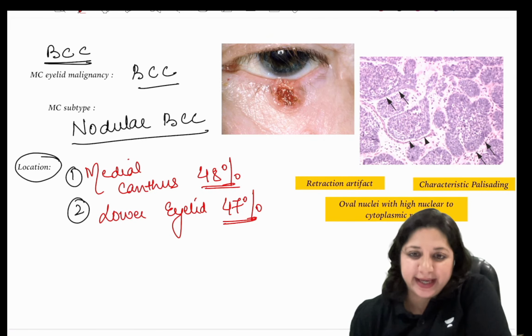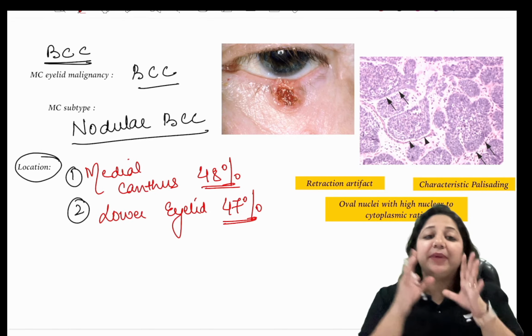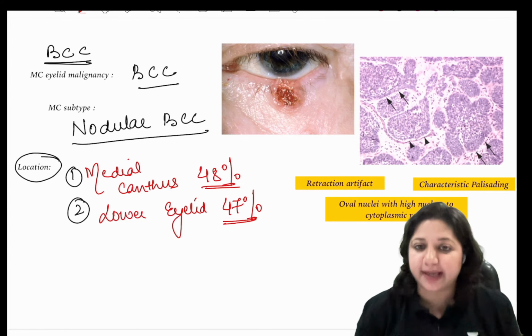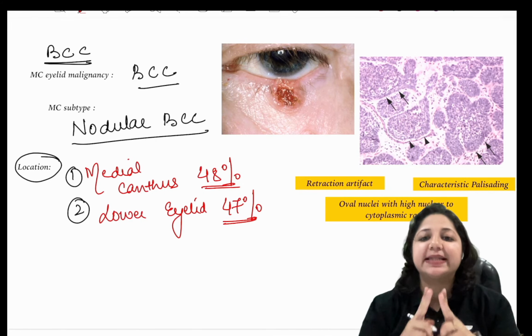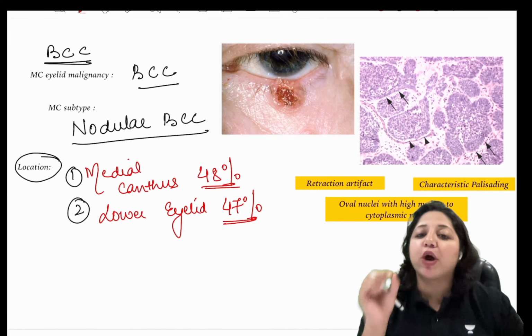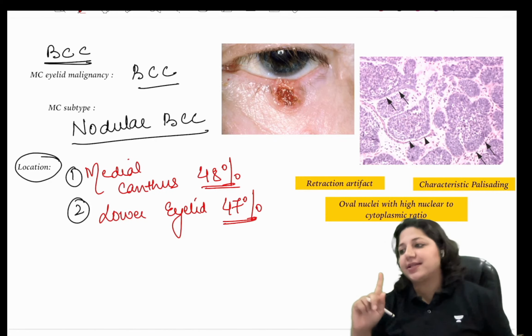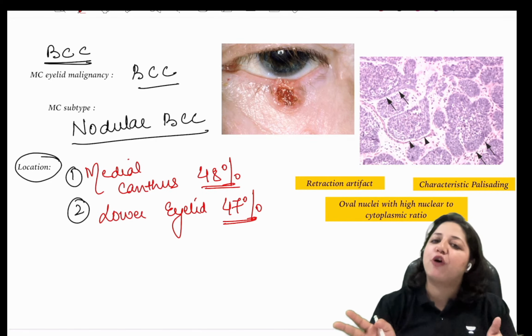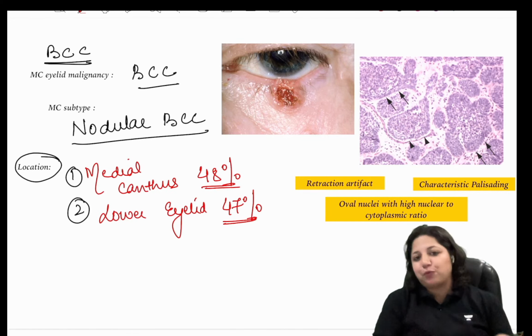Now, do you get why I asked you this? Medial canthus 48%, lower eyelid 47%. So, if both of these are there in the option, you have medial canthus as well as lower eyelid, what would be the correct answer? The correct answer is medial canthus. But if only one is present in the entire option, then you have to mark that.